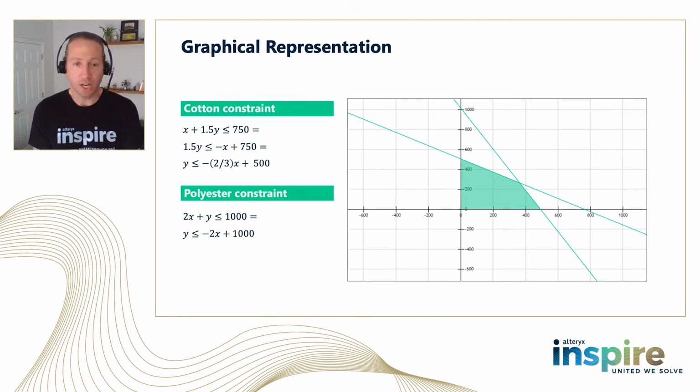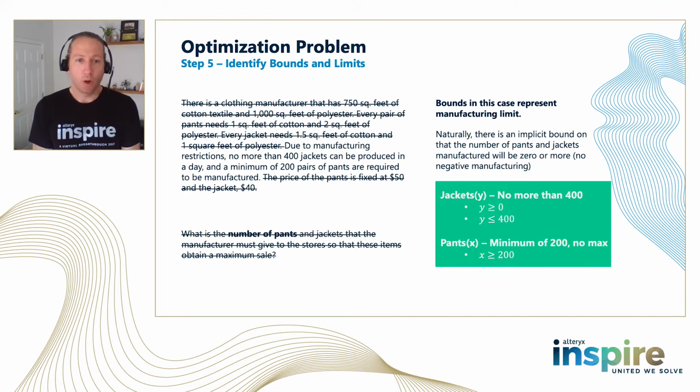Whatever's in that green shaded area, that's what we can potentially produce given our fabric. Remember, we have a couple other considerations to take into account, but right now, this is what's possible. All right, so we know what's possible given our cotton and polyester.